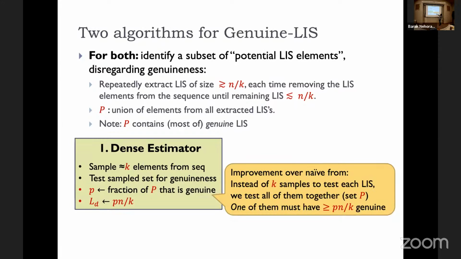This means that for each particular LIS that we extract here, the number of samples that hit that particular LIS would be a constant, so it is not enough to really estimate. But putting them together and testing all together guarantees that one of them will have a p fraction of genuine elements. So in this way, you put this set together.